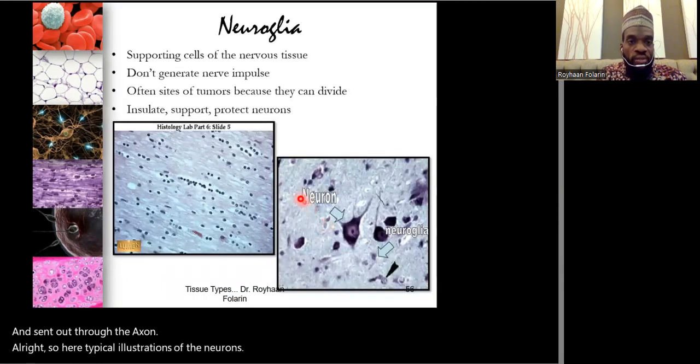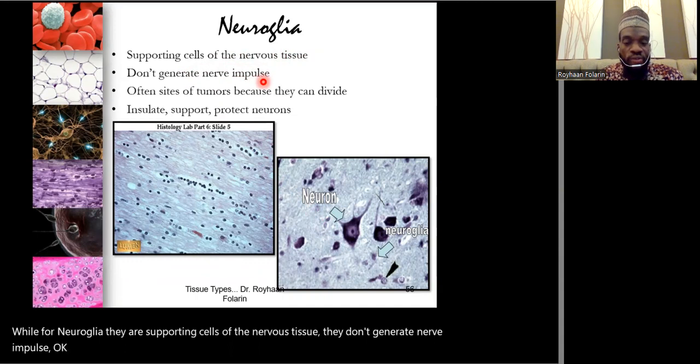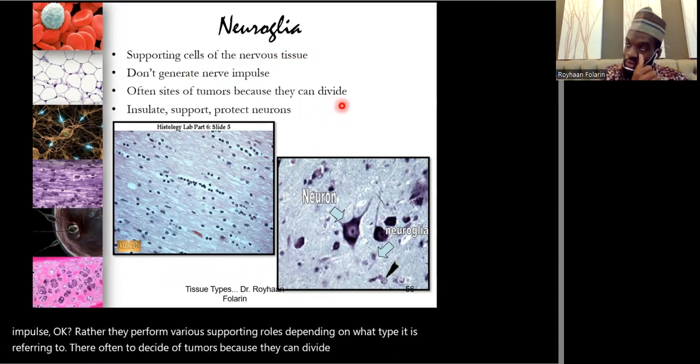While for neuroglia, they are supporting cells of the nervous tissue. They don't generate nerve impulse. Okay. Rather, they perform various supporting roles depending on what type we are referring to. They are often the site of tumors because they can divide very fast.